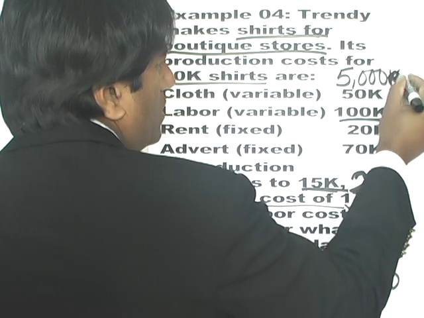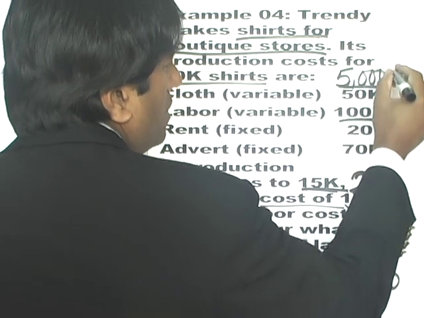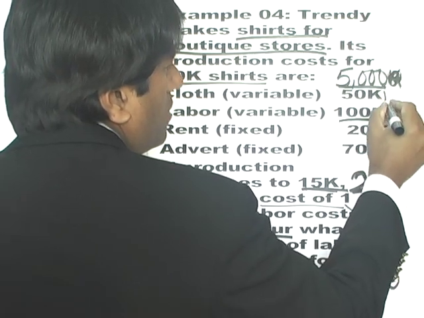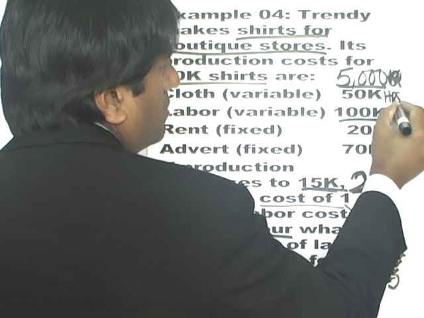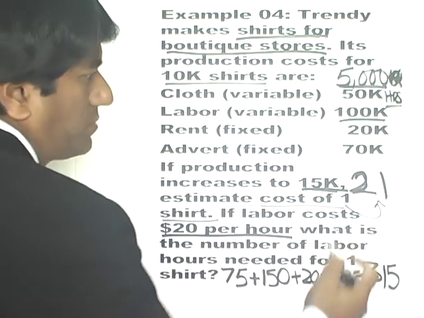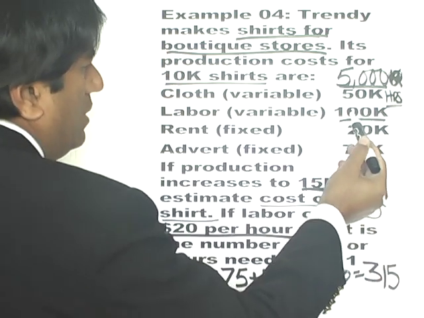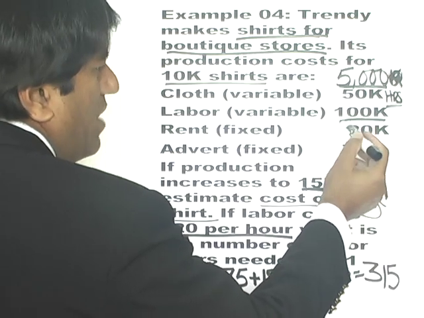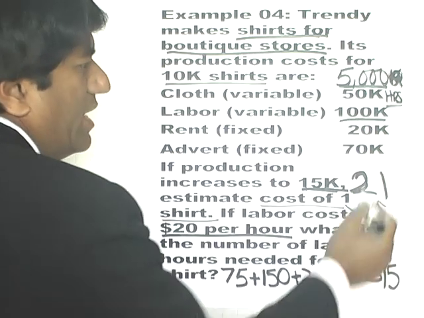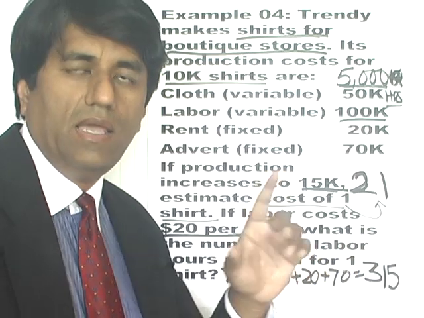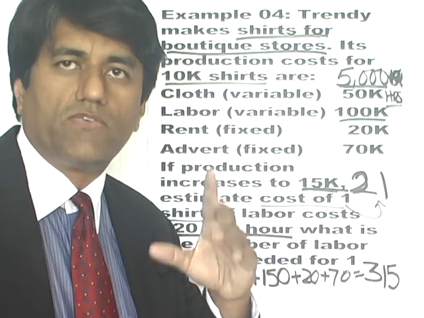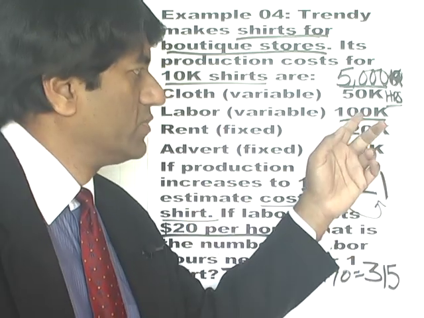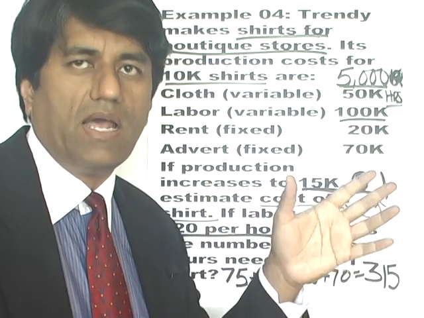This is 5,000 hours. And that is found, the number of hours is found by dividing 100K. And I remind you that the letter K stands for kilo, which is 1,000. So instead of writing 100,000, you just write 100K.